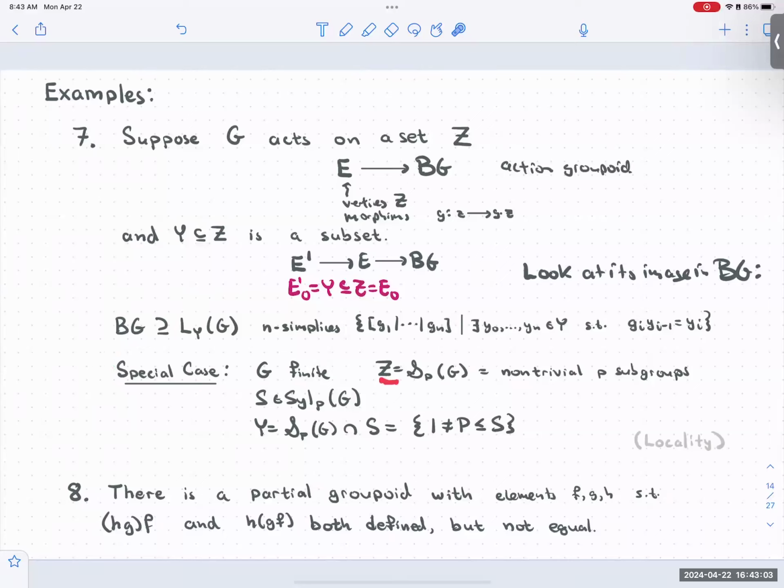So there they take the set that gets acted upon to be the non-trivial p-subgroups, acted upon by conjugation by a group. And you start with a Sylow p-subgroup S, and then Y is like the non-trivial p-subgroups of Z which live inside of S. Okay.